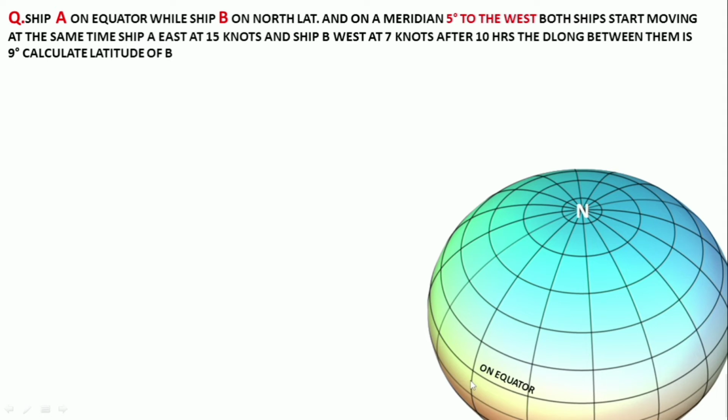Says two ships. Ship A is on the equator and ship B is on northern latitude, and it's on the meridian 5 degrees to the west.